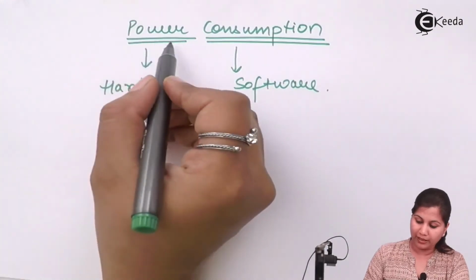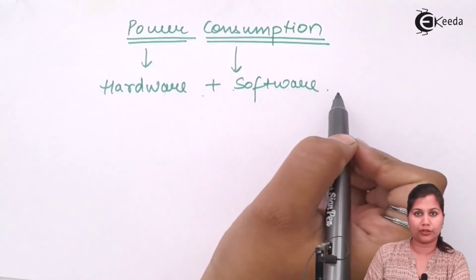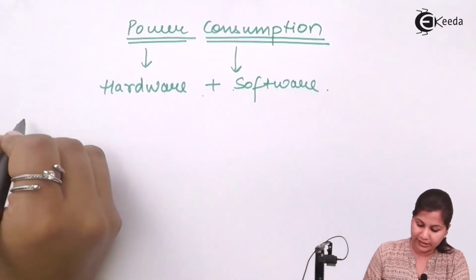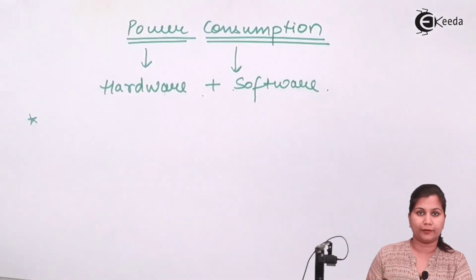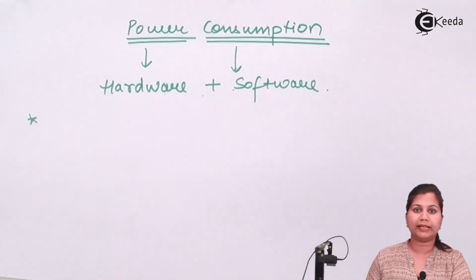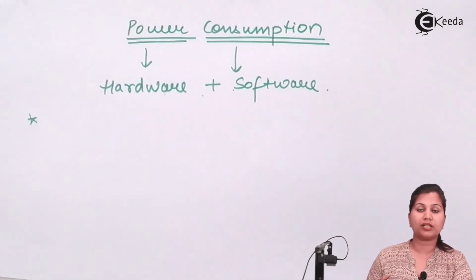Here it is seen how much power it is using, because if it is using more power, then its power consumption can be reduced and optimized.